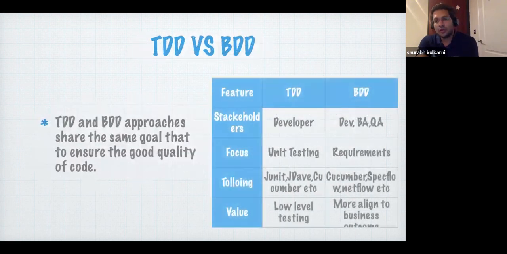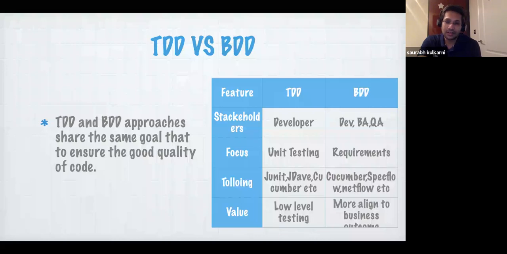Okay, now we have seen that TDD and BDD are both required. Now we will see what's the difference between TDD and BDD. Please keep in mind that TDD and BDD both have the same goal. What is the goal? Achieving code quality. The quality of the code needs to be achieved here, and that's the goal that both have.